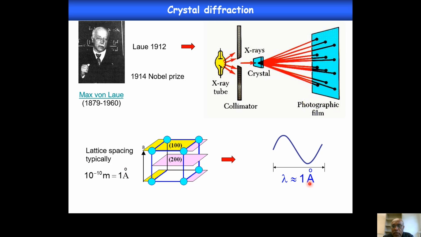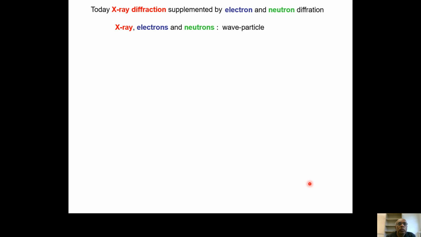X-rays have that wavelength. That's why we can easily probe atomic or crystalline atomic structures using X-rays. Today, people use electrons and neutrons to probe materials in addition to X-rays.